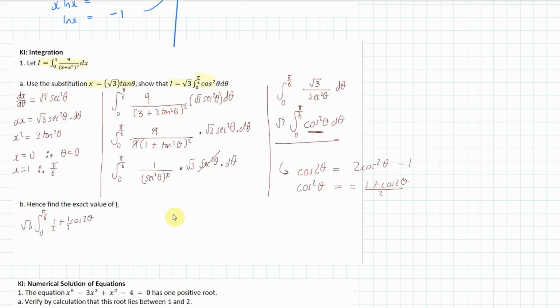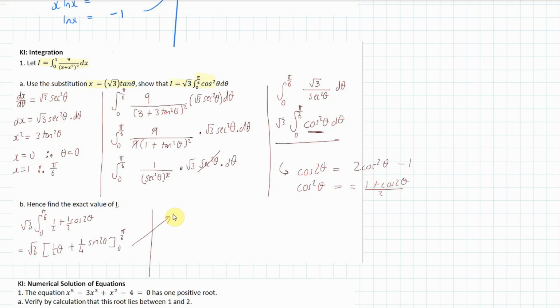Anyway, that equals square root 3, and then we're going to have 1/2 theta plus, and when we integrate this, it'll be 1/4 sine 2 theta. That's right, isn't it? I think that's right. And we're going to do that between 0 and pi over 6.